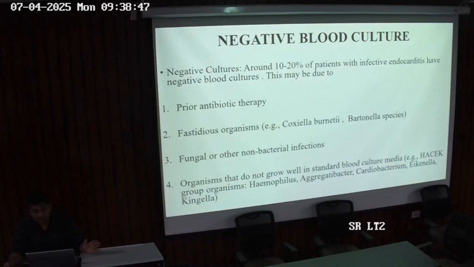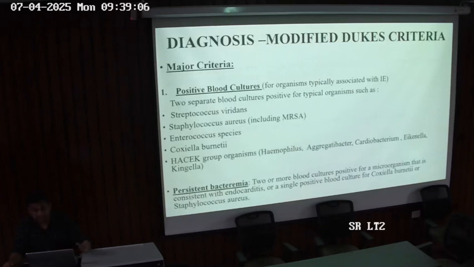Fungal or other non-bacterial infections. Organisms that do not grow well in the standard or usual blood culture media, like the HACEK group. So we have to advise a separate blood culture sample for the HACEK group also. So these may have chances of negative blood culture.